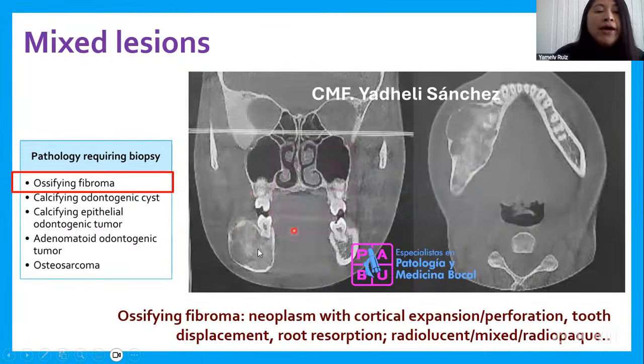In this case, in contrast to the first one, where the entity was completely radiopaque, here we can observe that the entity is mixed. We have some hypodense appearance with the presence of hyperdense points or hyperdense areas, and well-defined borders. However, we can observe here the perforation and the expansion of the cortical bone.